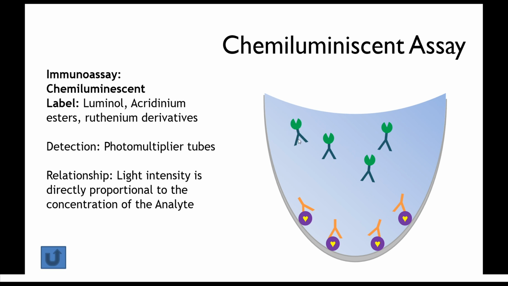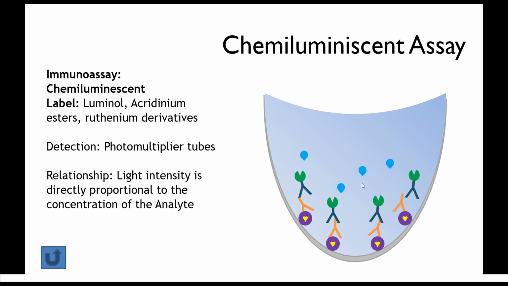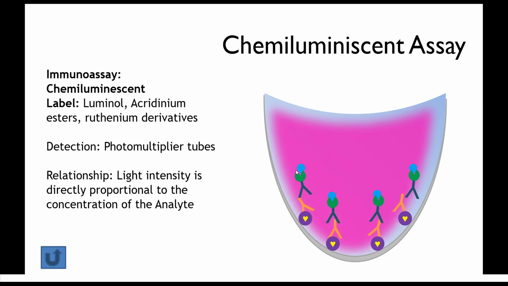So, these antibodies are directed against the Fc region of these antibodies here. So, these labeled antibodies will bind to the already bound antibodies. Okay, sa Fc region yan siya mag-bind. And then, upon addition of the trigger, okay, the trigger will cause a chemical reaction, and that chemical reaction will produce a light.